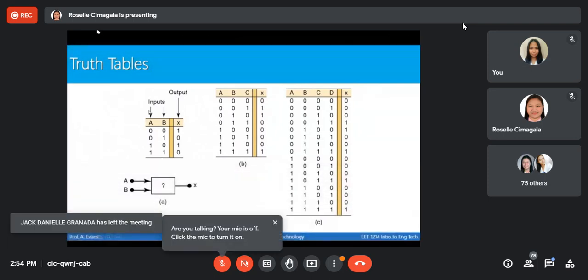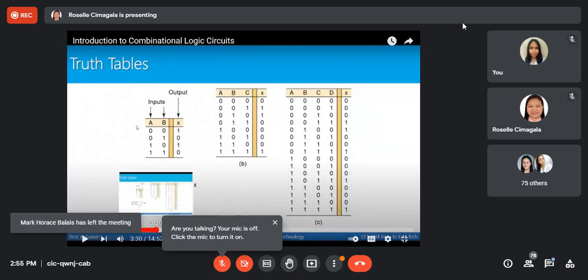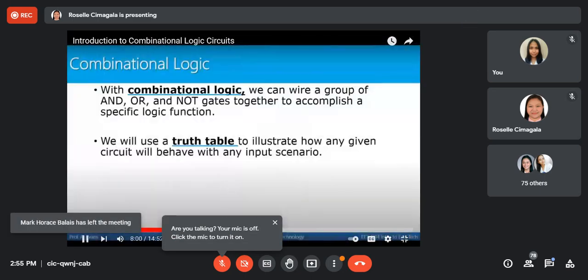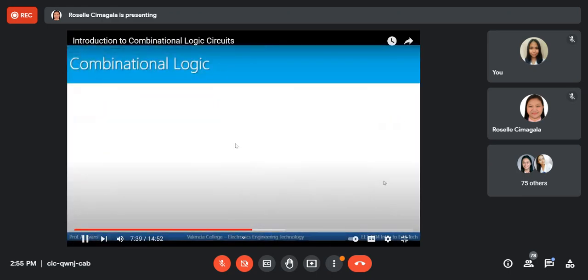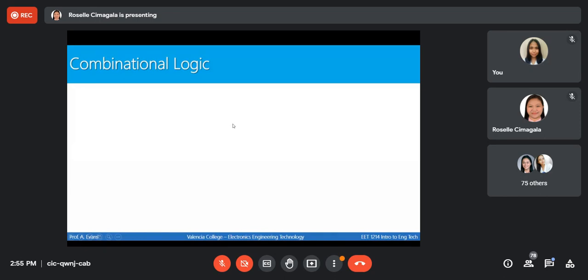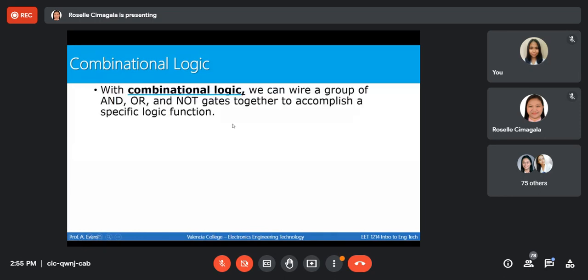This is the truth table that represents a digital circuit with 2 inputs. So now that we've gone over truth tables a little bit, now we can talk about combinational logic. With combinational logic, we can wire a group of AND, OR, and NOT gates together to accomplish a specific logic function.